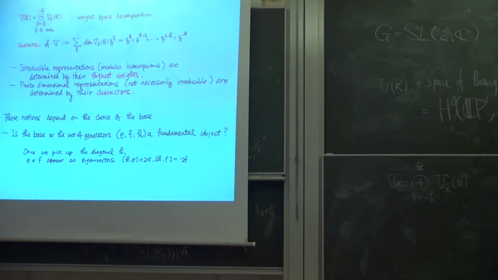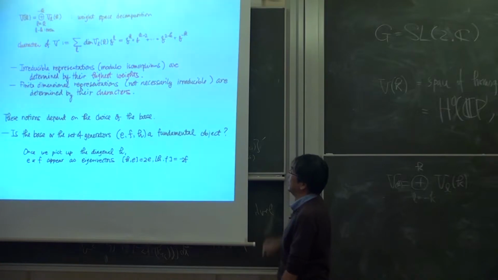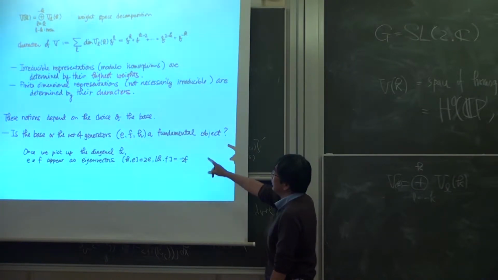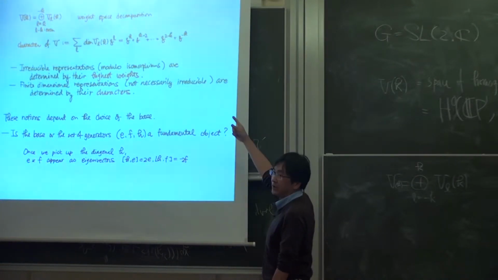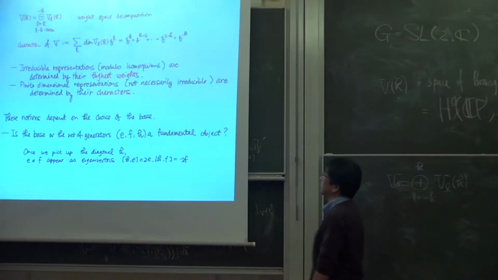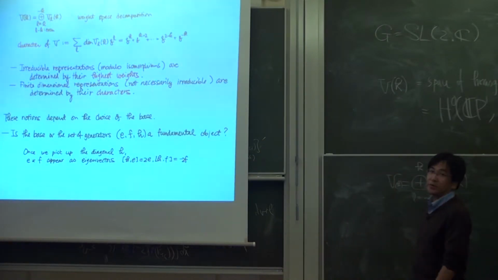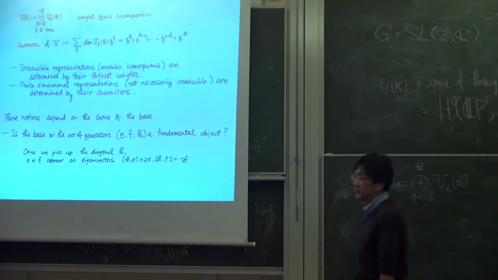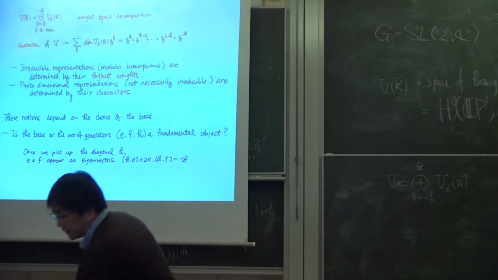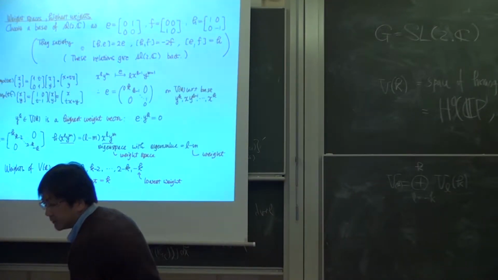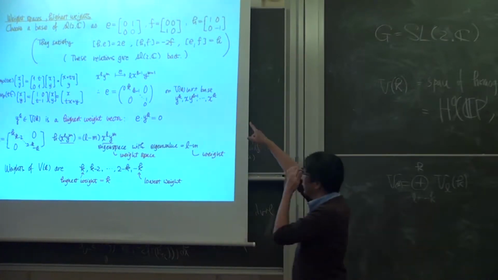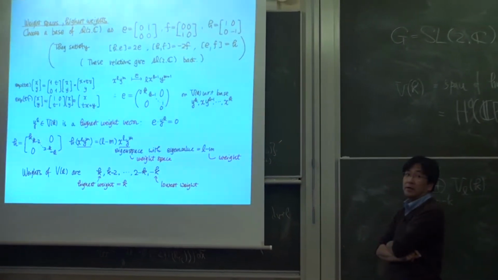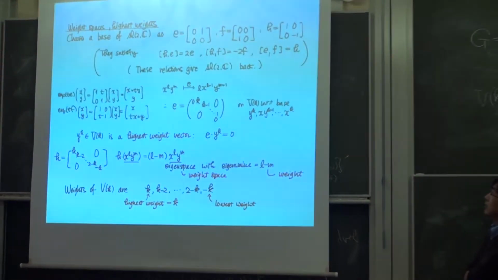So anyway, this is the end of my review of the classical usual representation theory. But I pose some questions. These notions, weights and characters and such things, depend on the choice of the basis. I started with this definition of weights by choosing a basis of the Lie algebra.